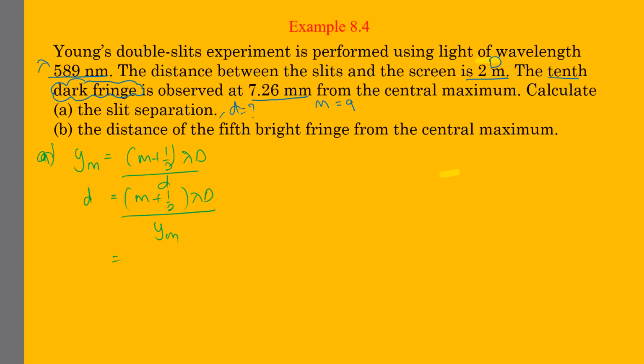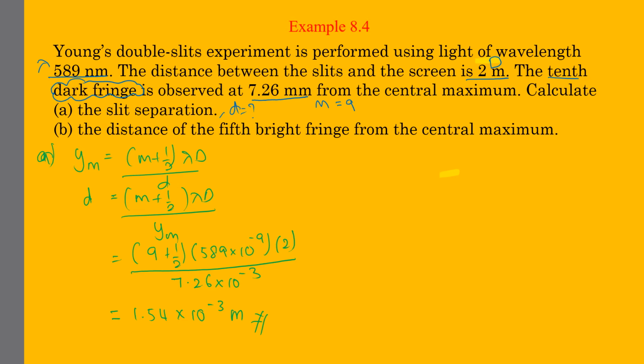So m for the 10th dark fringe is equal to 9, plus half, lambda 589 times 10 power of negative 9, D 2 meter, ym is equal to 7.26 times 10 power of negative 3. So slit separation is equal to 1.54 times 10 power of negative 3 meter.